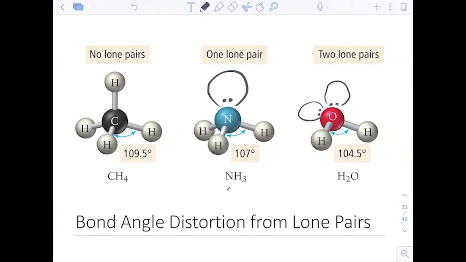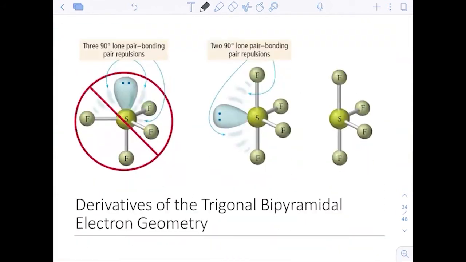We see that these are less than 109.5, the normal 4-domain system for the tetrahedral, but they still have that tetrahedral geometry. What we think about instead is giving them a couple of specific names to identify that some of the electron groups are bonding and some of them are non-bonding.